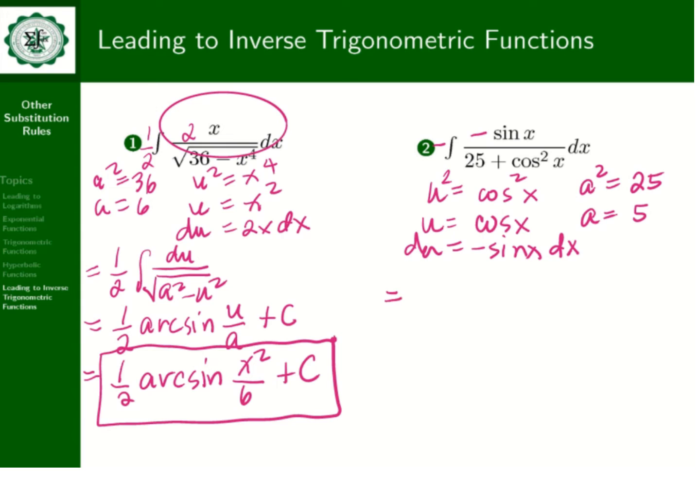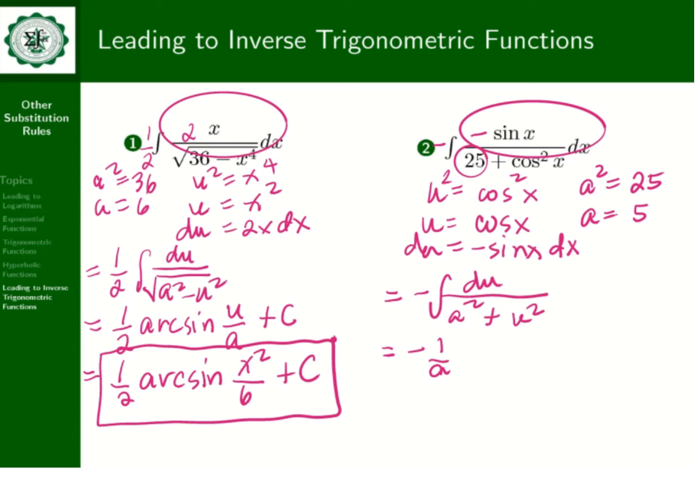So for the substitution, we have negative sine x dx, which will now become du. And then for the denominator, 25 will be a squared, while cosine squared x will be u squared. And our formula for this is, so we have -1, and then we put in 1 over a arctangent of u over a plus c.